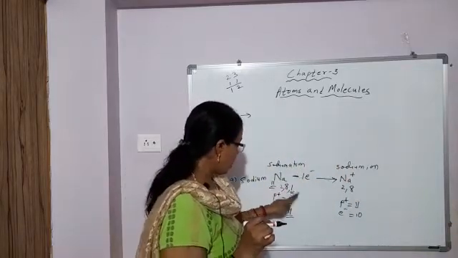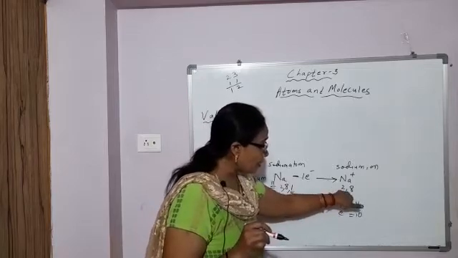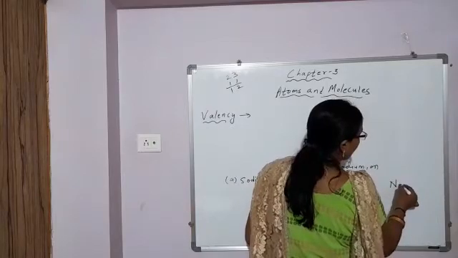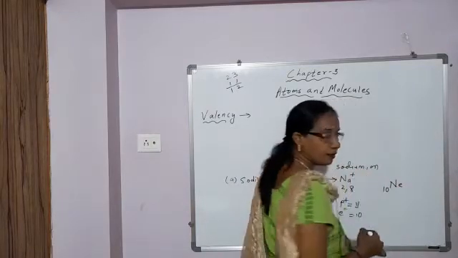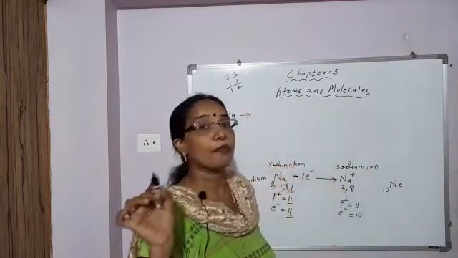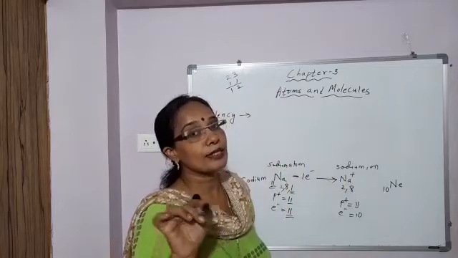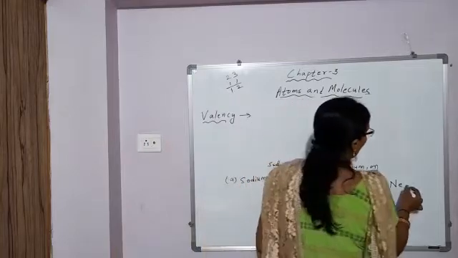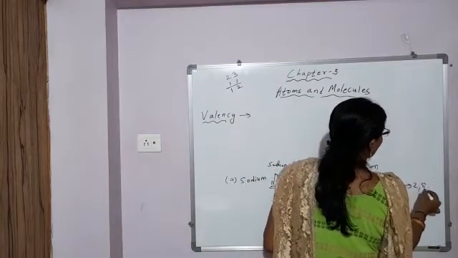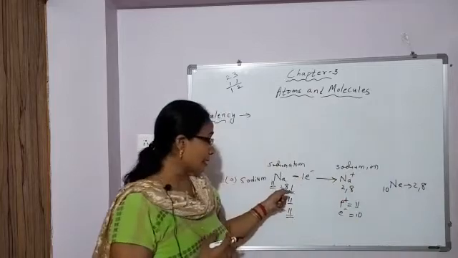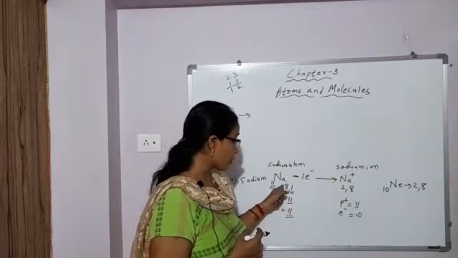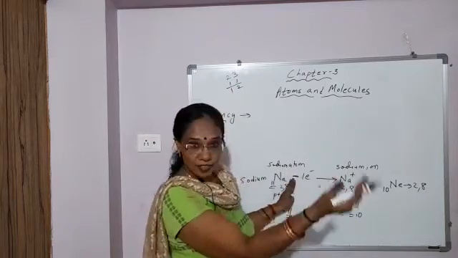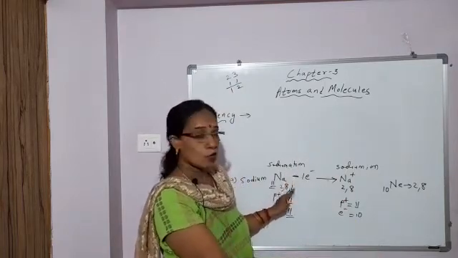So students, to attain the electronic configuration of its nearest noble gas, that is neon, because neon atomic number is 10, atomic number is equal to number of protons and number of protons is equal to number of electrons. And distribute this 10 electrons in different shells, 2, 8. So sodium, its electronic configuration was 2, 8, 1. So to attain the electronic configuration of its nearest noble gas neon, what sodium is doing?